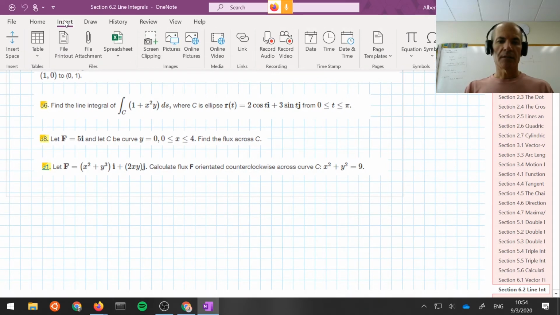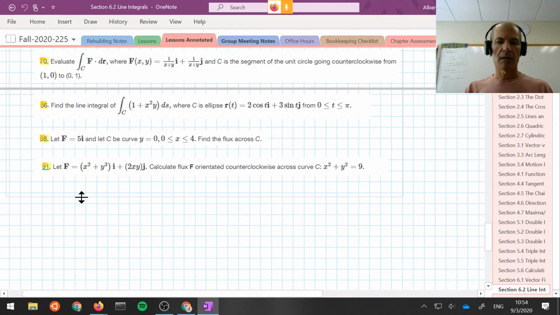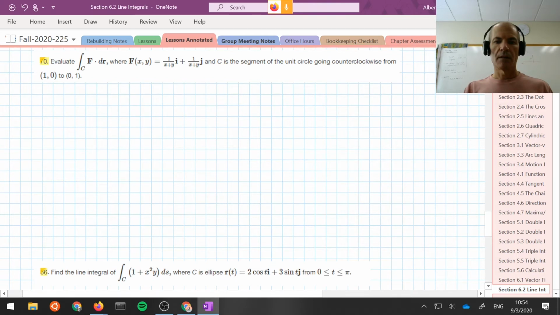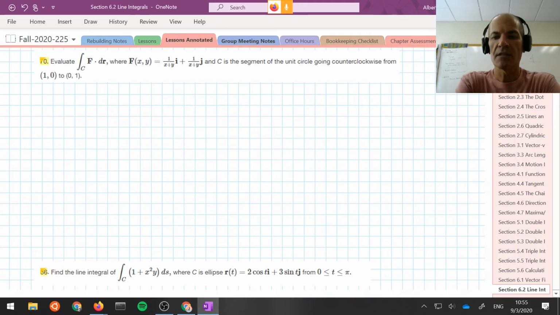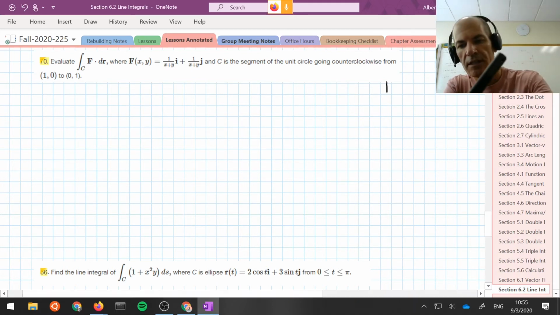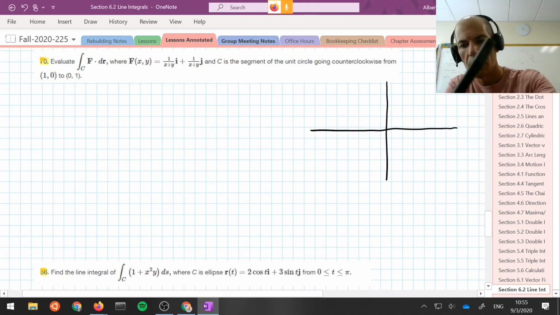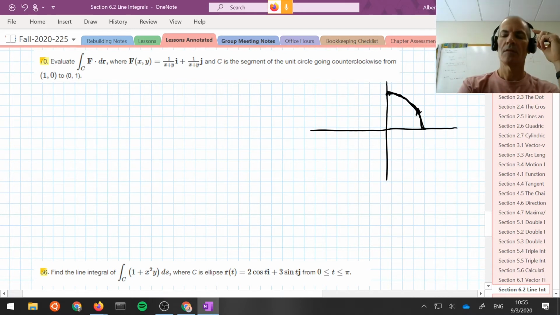All right, 70. So now we're asked explicitly to compute the integral of F dot dr, where F is given by this expression, and C is the segment along the unit circle going counterclockwise. So let's sketch that. So that's this curve in this direction.